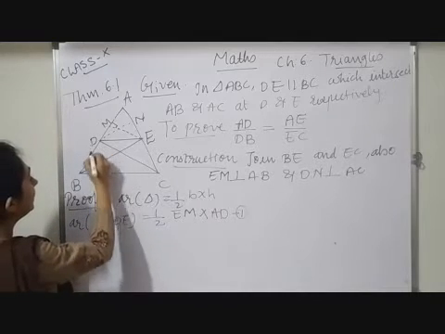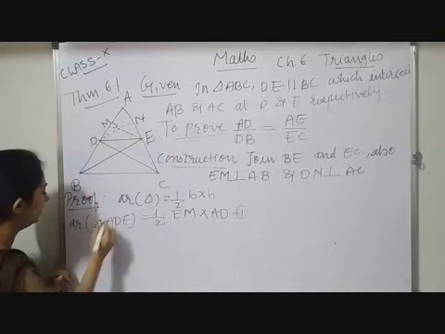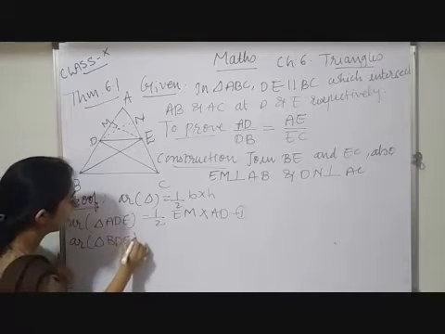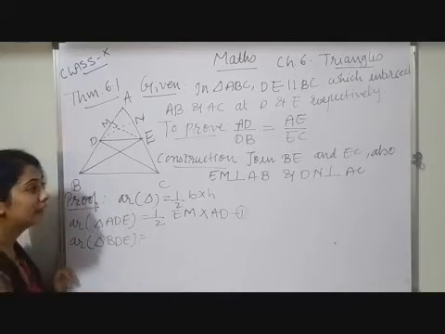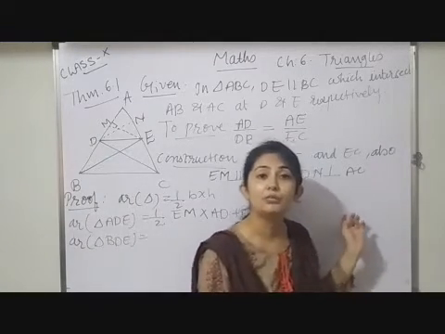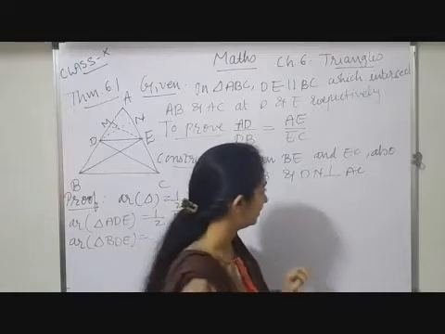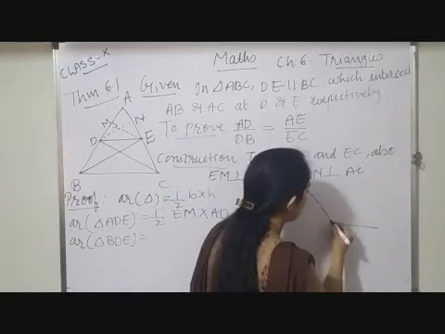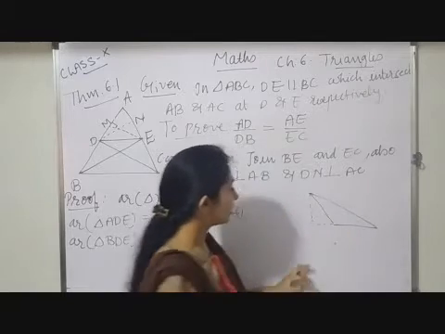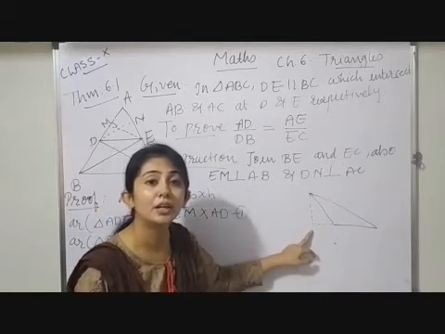Similarly, I am taking triangle BDE. So the area of triangle BDE is again half base into height. Now in 7th standard, in the triangle chapter, you have studied how to find the area of an obtuse angle triangle. You had a figure like this and one perpendicular like this, because the perpendicular is nothing but your height.